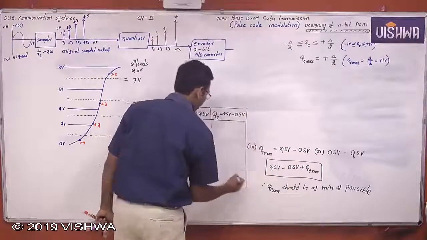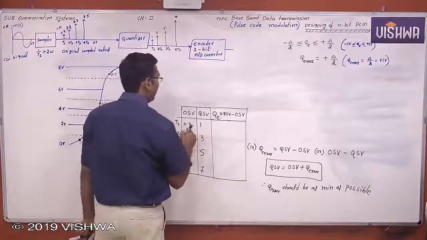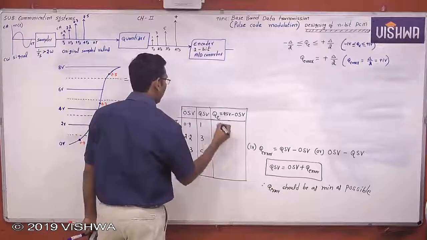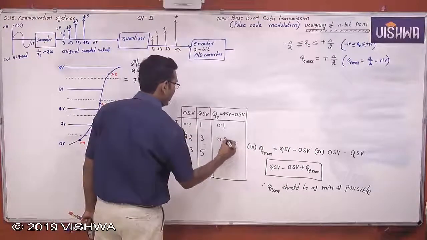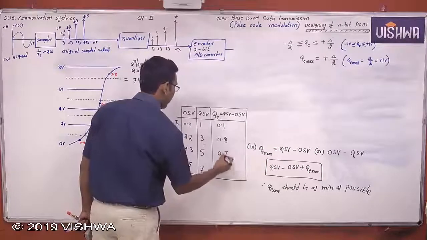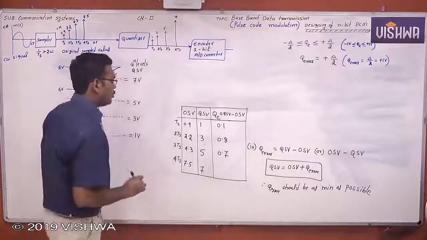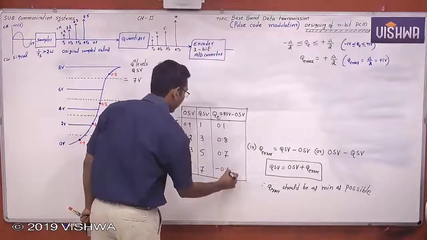Not a problem, students. So 1 minus 0.9 is 0.1, 3 minus 2.2 is 0.8, 5 minus 4.3 is 0.7, 7 minus 7.5 is 0.5.